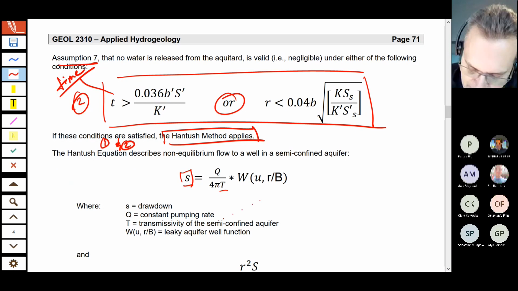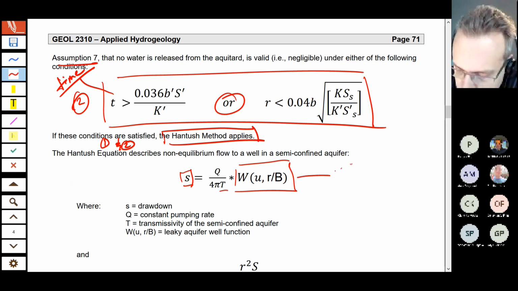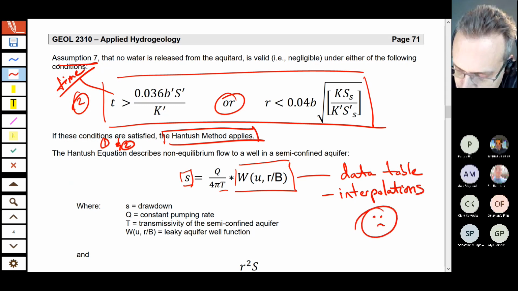You see that we have a well function again. What this means is, yes, we are going to have to go back to data tables and do interpolations. I'll draw a little sad face because it's just the way that it is.